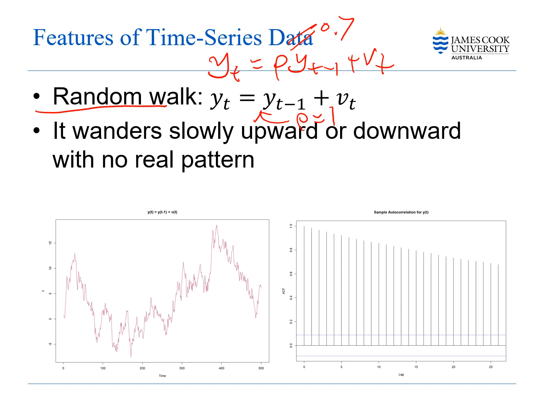So this is one realization of this process. We can see that this process wanders slowly upward or downward with no real pattern. It goes up, then goes down slowly, then maybe goes up, goes down, with really no time pattern.